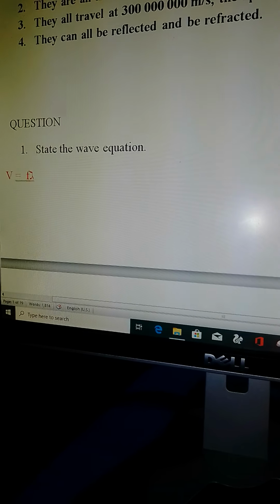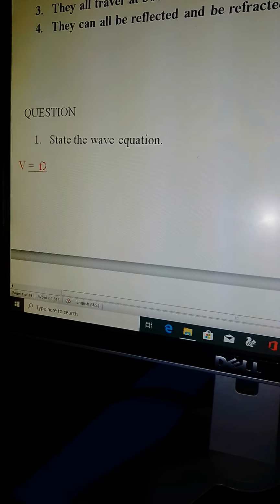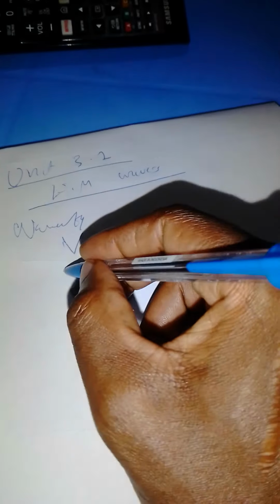Question. State the wave equation. Do you still remember the wave equation? If they ask us to state the wave equation, we know that speed is equal to frequency times wavelength, v = f λ.